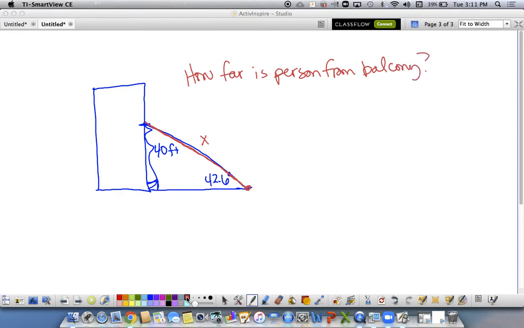Okay, so sometimes the wording can be a little confusing. Okay, so I'm going to go ahead and put this here. So how far is the person from the balcony? And I'm really just going to draw that line so I know what I'm looking for.